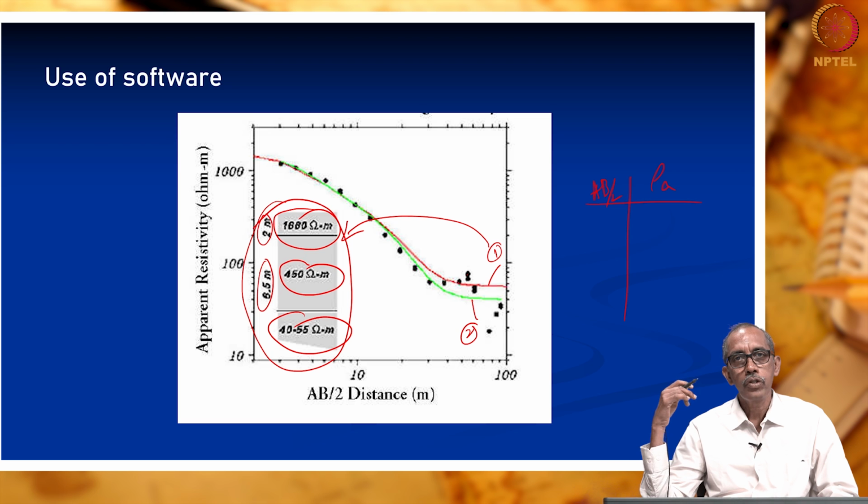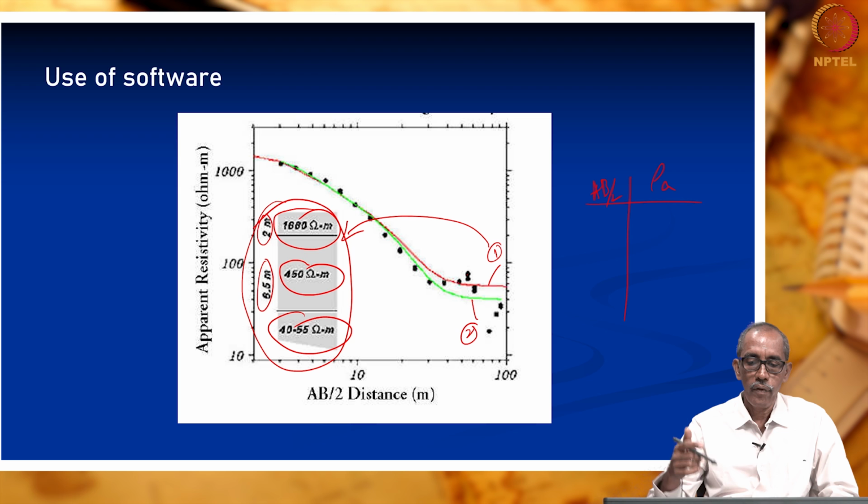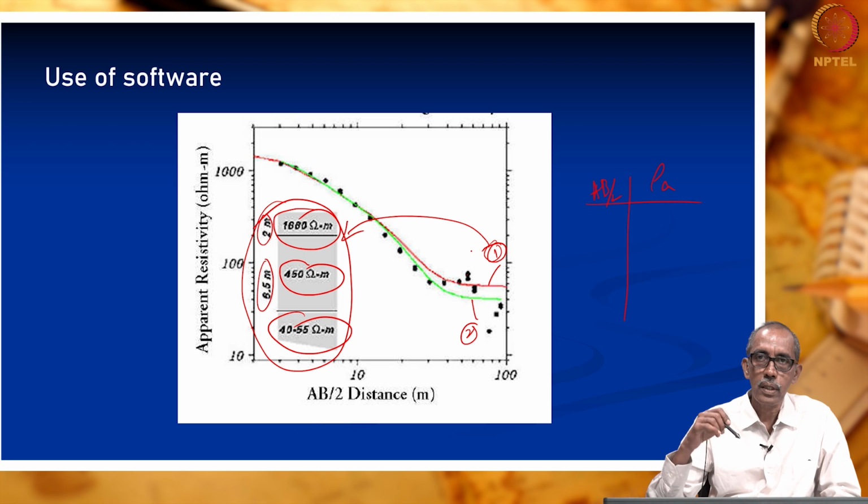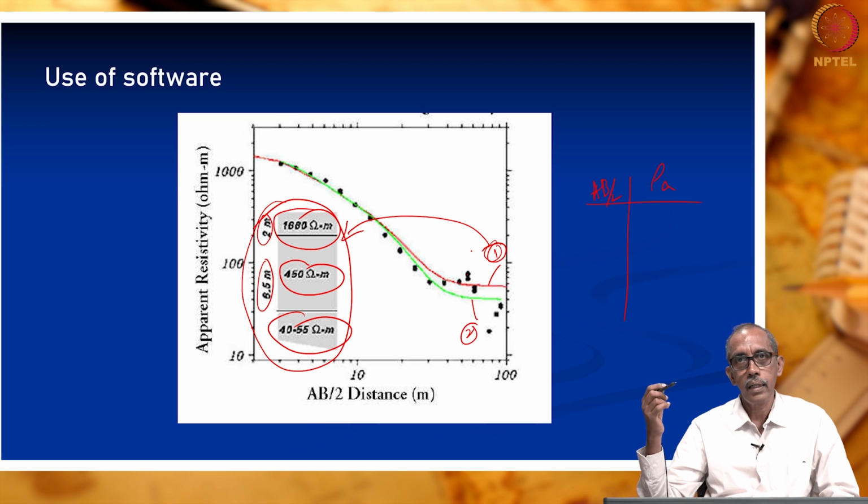How do we make sure whether the model we have chosen, that is 1, is correct? In order to verify that, we need to do some field investigation too. Maybe we have to do drilling at a particular site, and check whether the curve number 1 we have chosen is right.